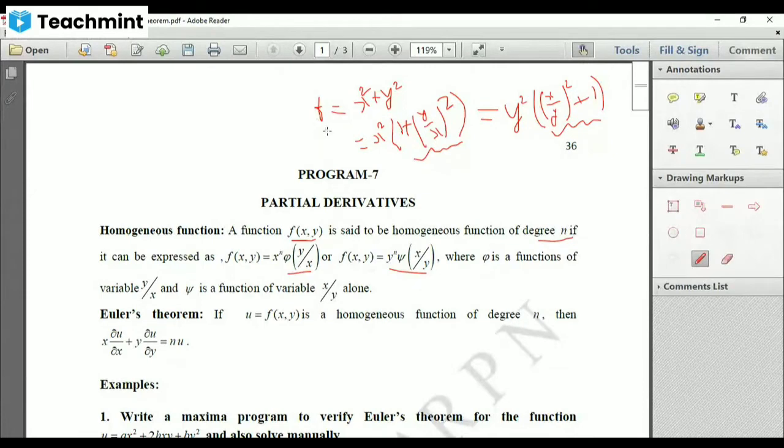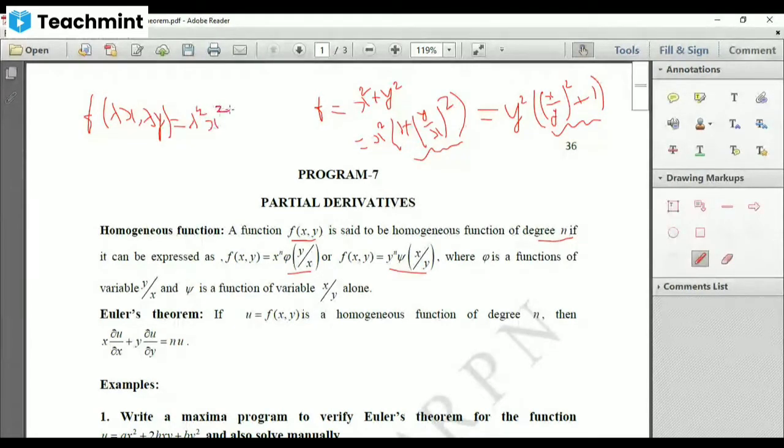Otherwise, the simplest thing which you can do is replace x by lambda x and y by lambda y, so that you'll get f of lambda x comma lambda y. That means you are replacing x by lambda x and y by lambda y, so that the first one becomes lambda x whole square, that is lambda square into x square. Will you agree?